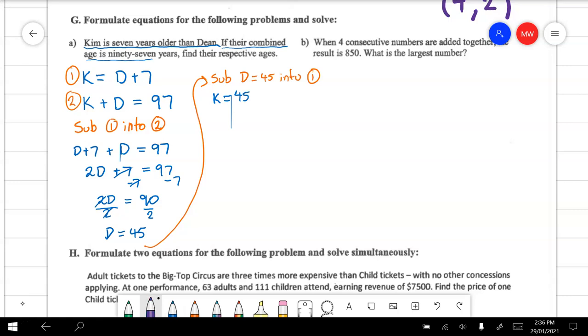Getting this equation here from over here, okay? I'm just saying that K equals D, which is now 45, plus 7, which makes Kim 52. And so now for my marker, I'm just going to write Dean is 45, Kim is 52.